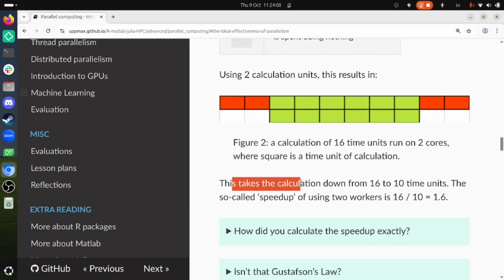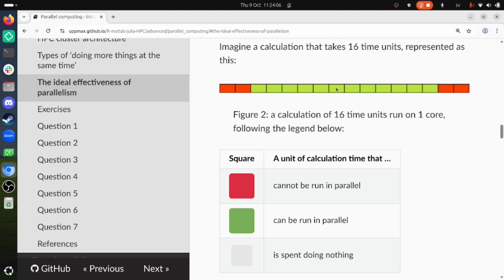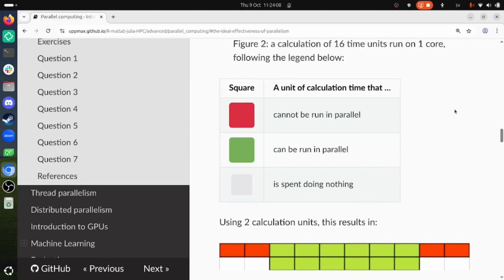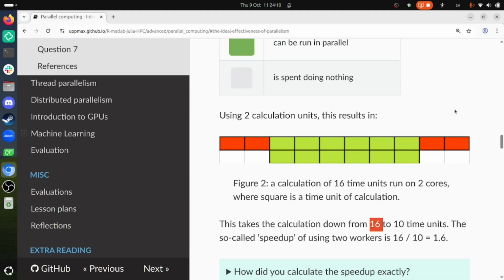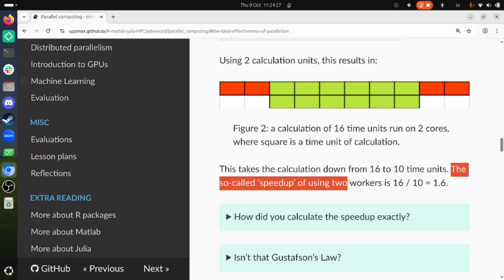However, it does take the calculation down from 16 time units. So that was from left to right in the big picture, 16 time units in total. Imagine 16 seconds. And when we run it on 2 cores like this, it turns into 10 time units, because it's 1, 2, 3, 4, 5, 6, 7, 8, 9, 10. 10 time units! This means that the so-called speedup of using 2 workers is 1.6.